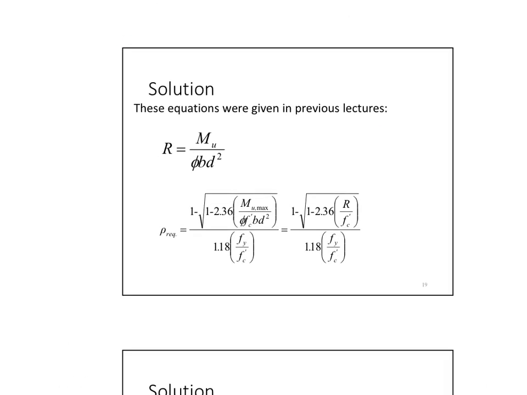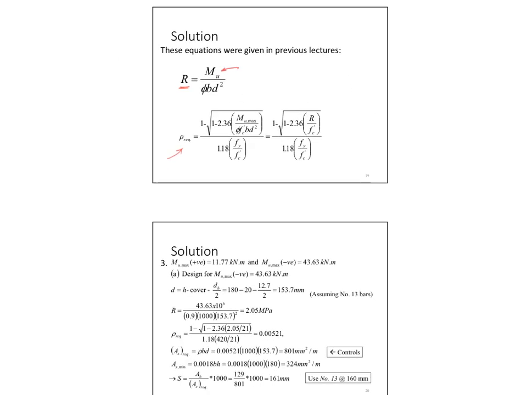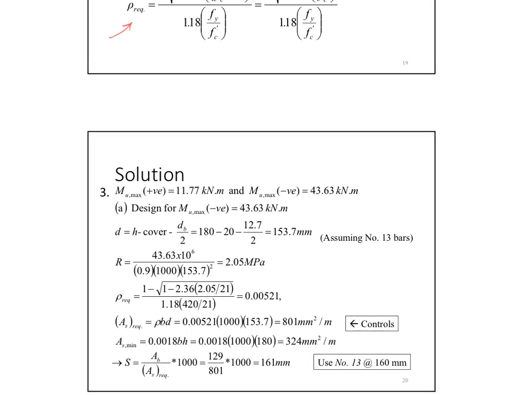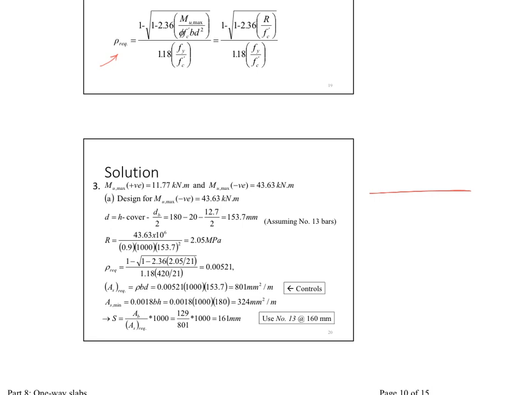So now my ultimate moment is the 43. I find the R, very simple, same exact procedures, and then I find my rho required. The first step to find my R is to calculate my D. What is my D? In this case, I don't have any stirrups anymore.